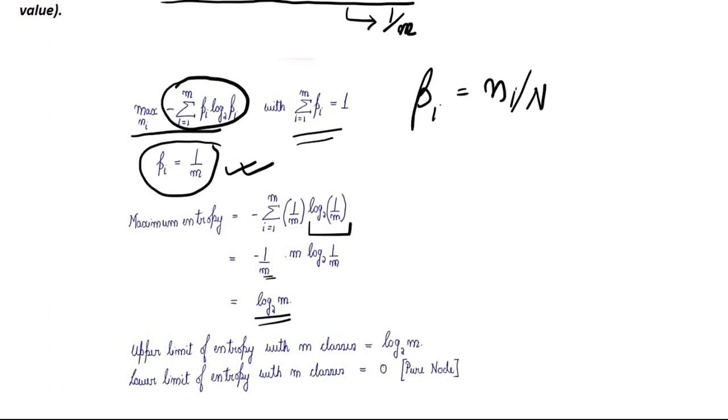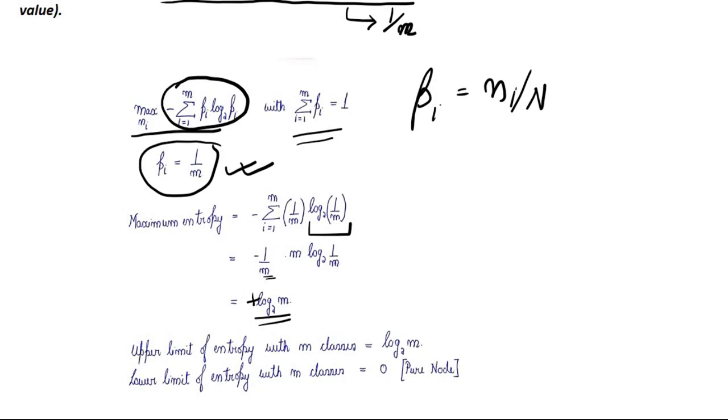I cancel out m, and log to the base 2 of 1 upon m could be written as minus log to the base 2 of m, because this is an inverse, and both the minus signs get cancelled and eventually we get a positive log to the base 2 of m.